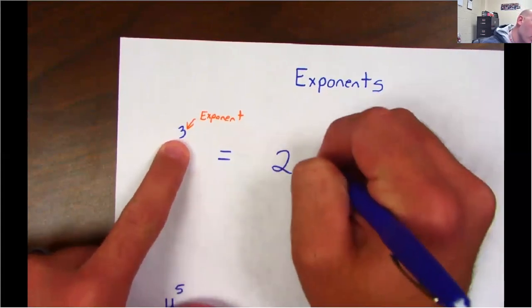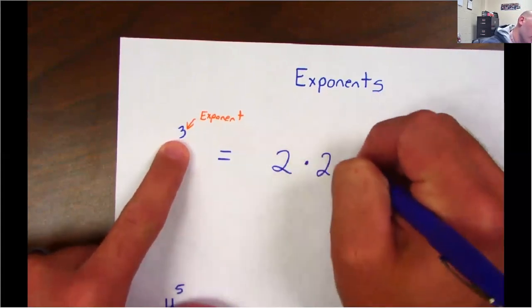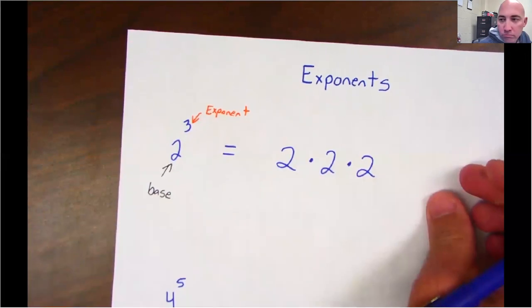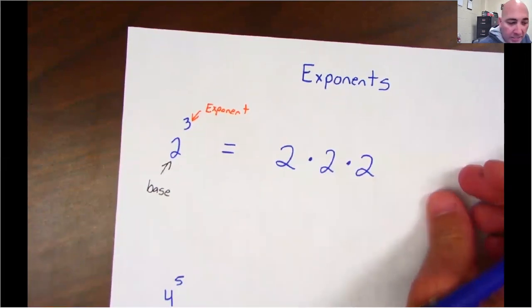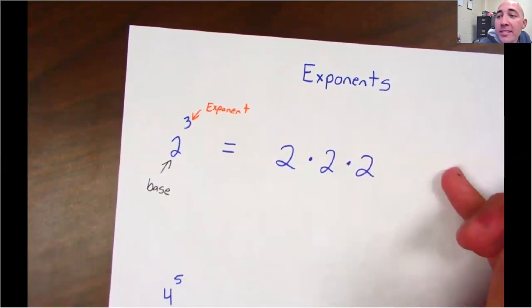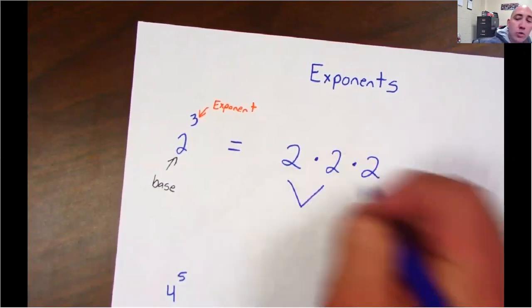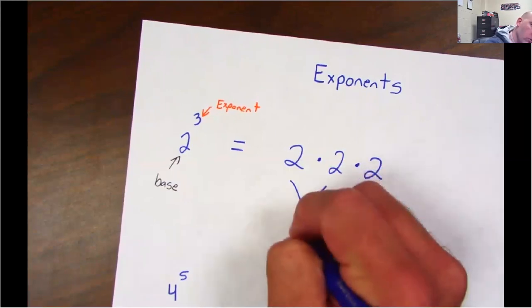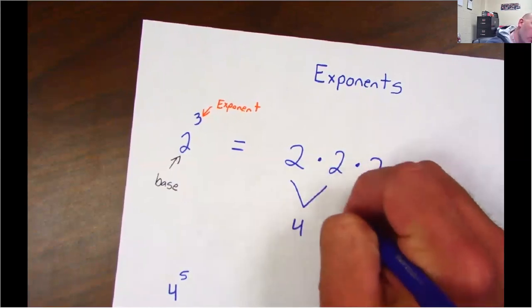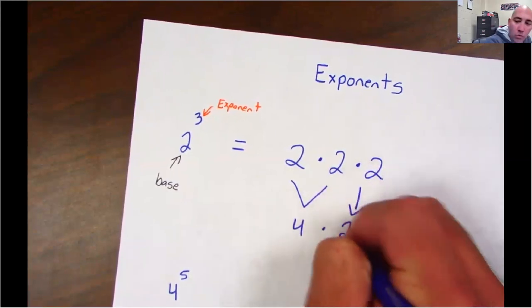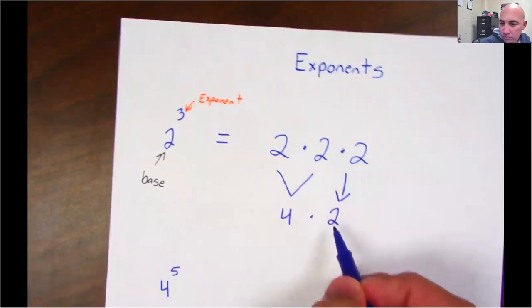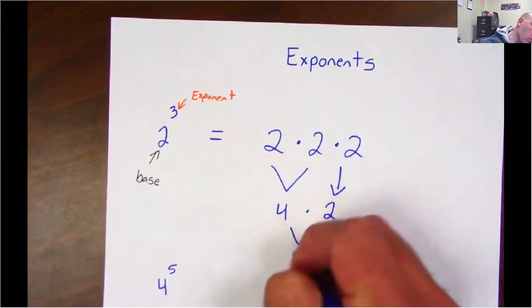So that's 2 times 2 times 2. That's now factor form. Now we can put it in standard simplest form. What is 2 times 2? Well, that's 4. Bringing this down, what is 4 times 2? Well, that's 8.